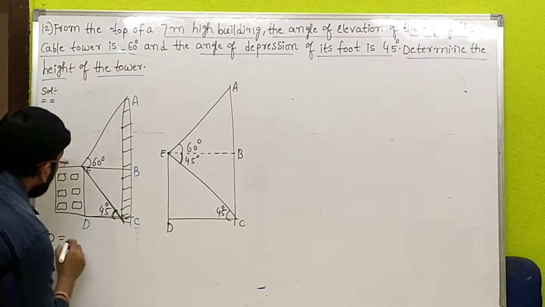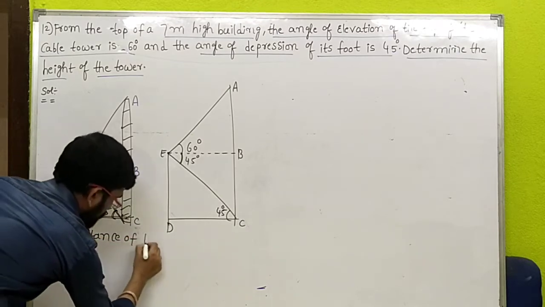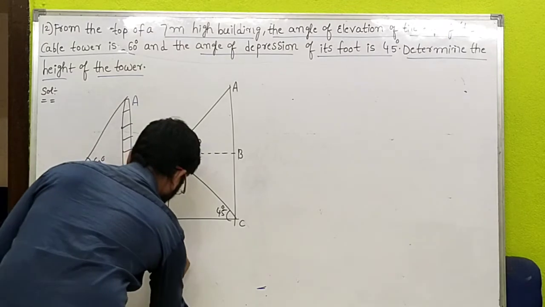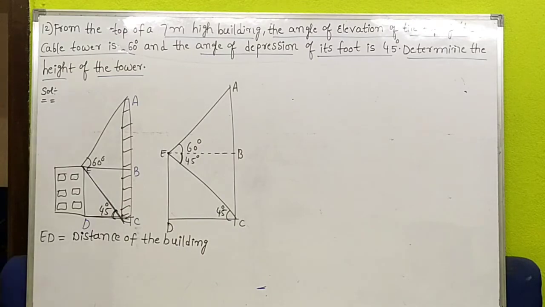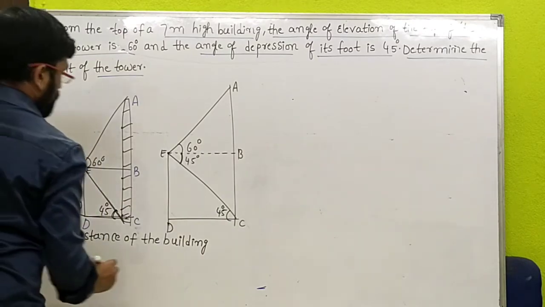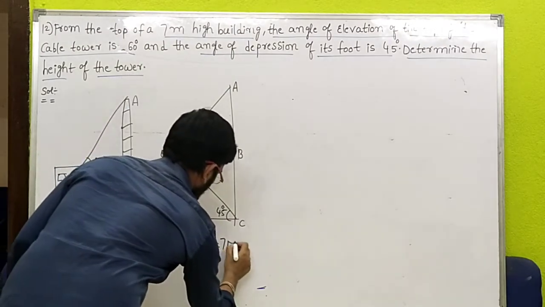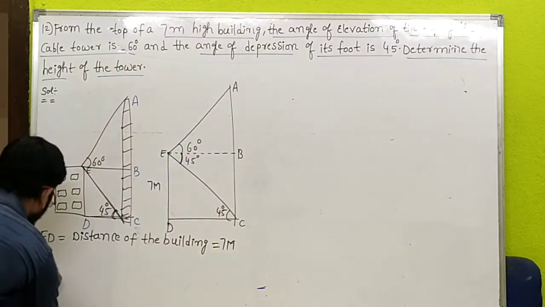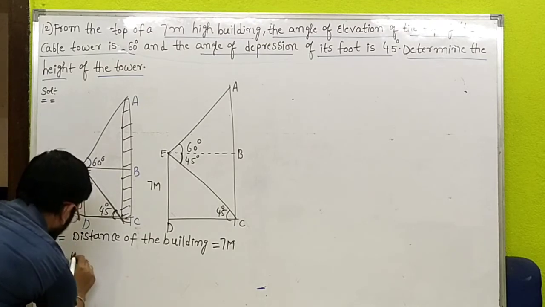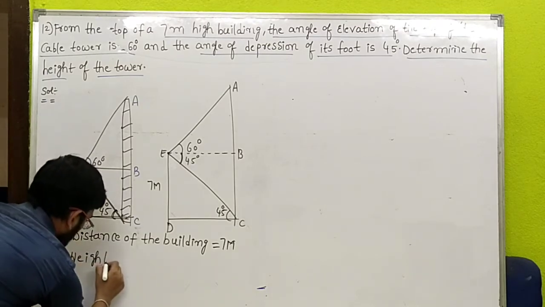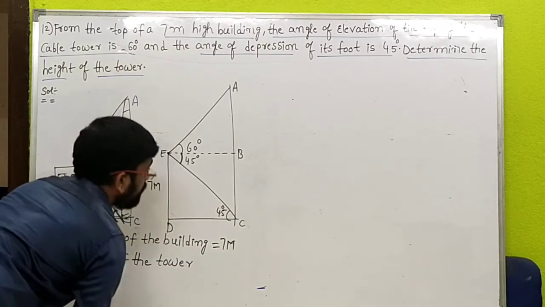ED equals the height of the building, that equals 7 meters, as given. AC equals the height of the tower, which we don't know.